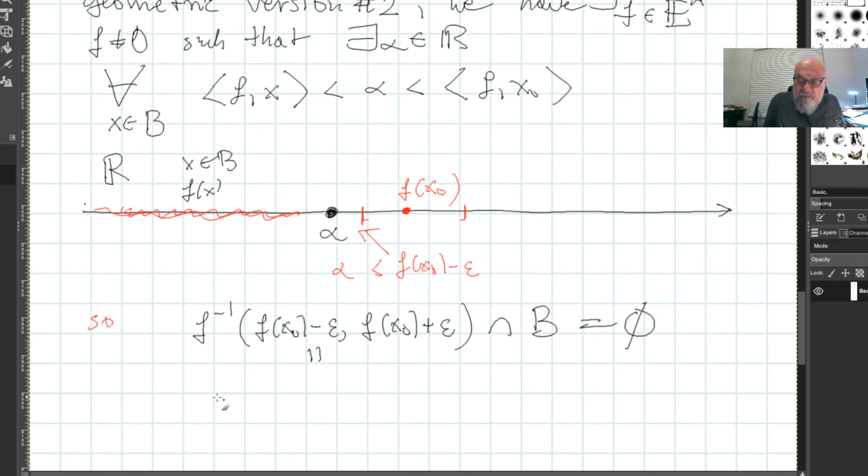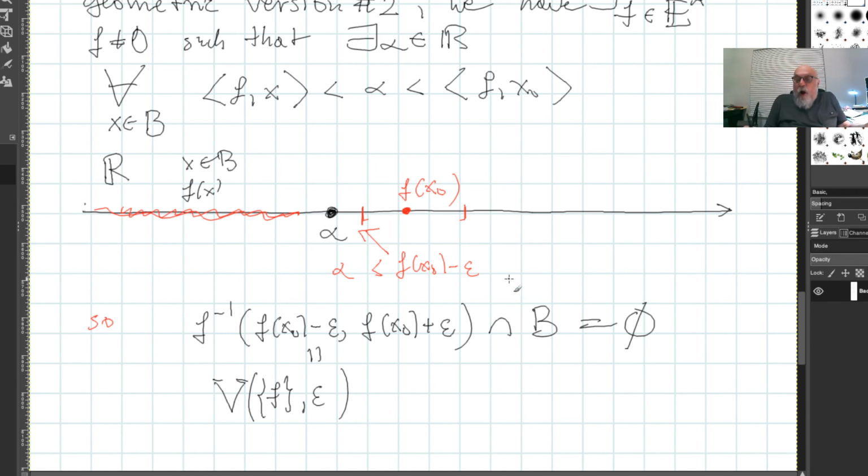But that set is nothing else than V, and you just simply take one element here, this f, that's your finite set F, and your epsilon here is given. So we just proved there is a basic set.